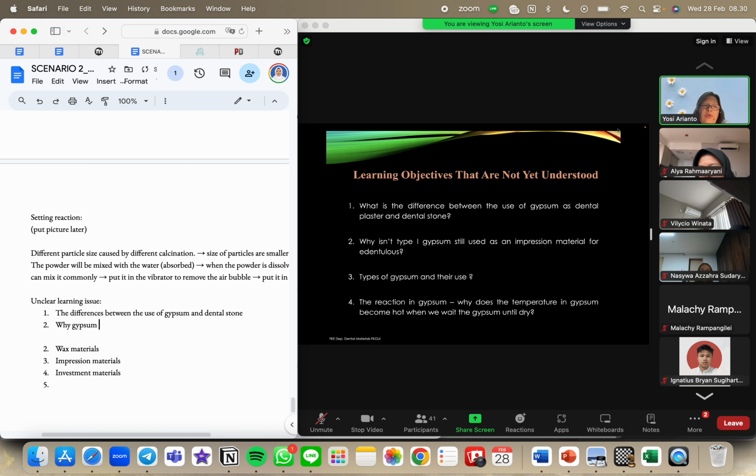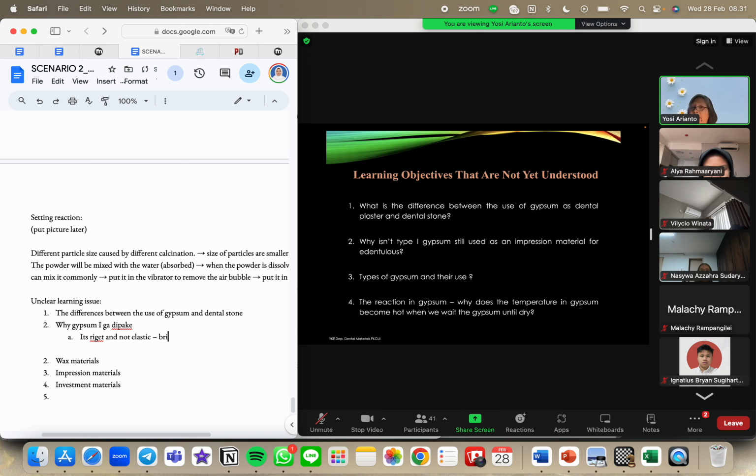Number 2, why isn't type 1 gypsum still used as an impression material for edentulous? Is it because it's rigid and it's not elastic? Yeah, it's rigid, that's right. And also it is quite brittle.